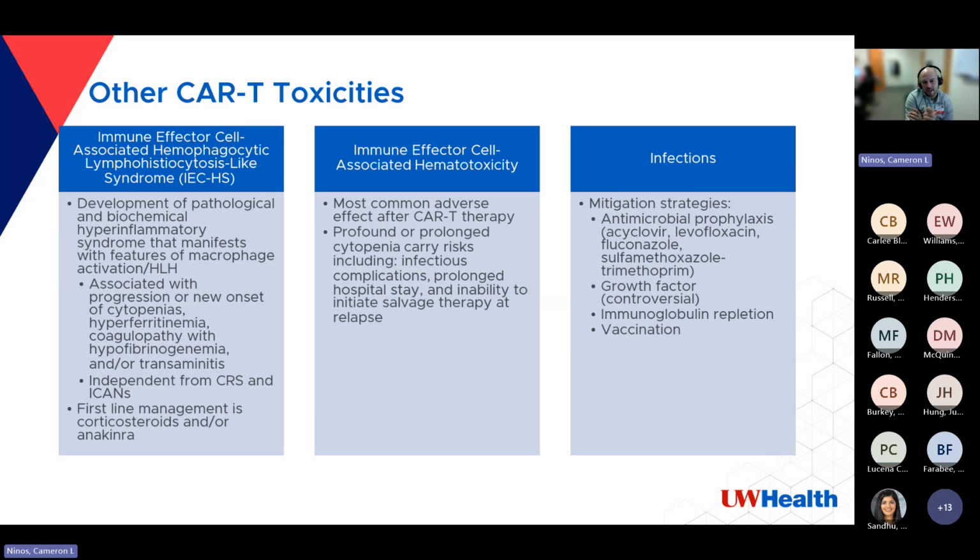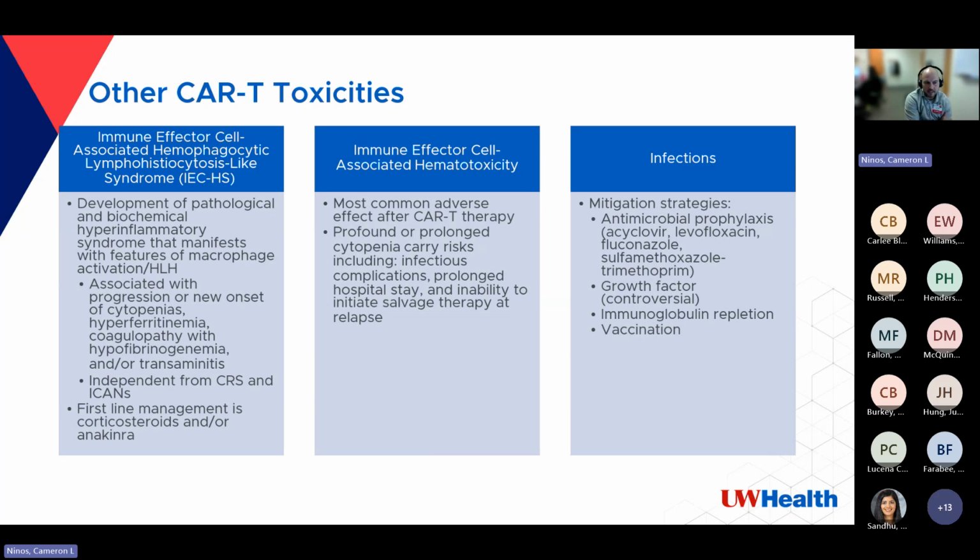It is independent from CRS and ICANS, even though it does tend to follow it. So there's a pretty typical time course where anywhere from 2 days to maybe a couple weeks after CRS resolves, you can all of a sudden see this inflammatory marker spike with cytopenias. And that can be the onset of this IEC-HS.